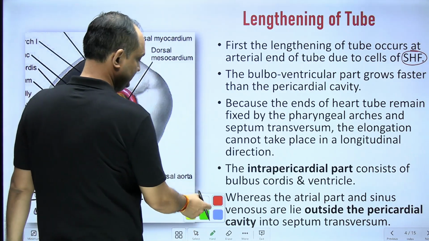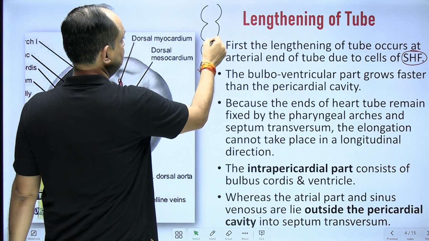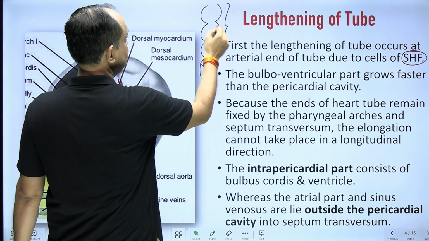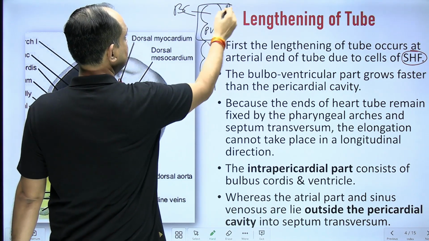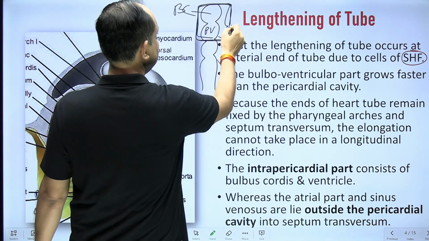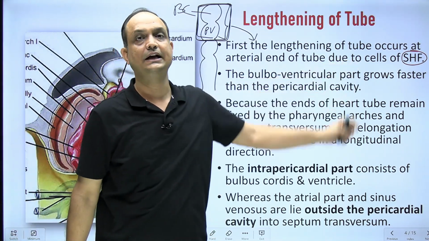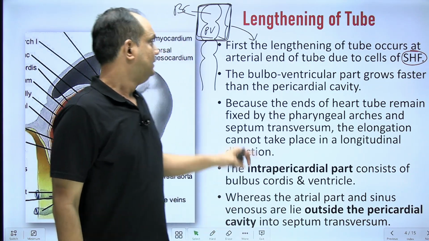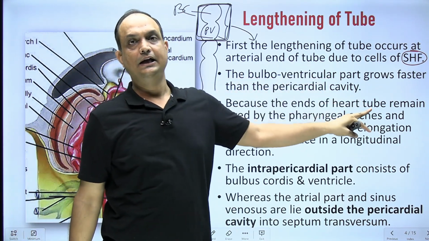Now you know that the tube has four dilatations, 1, 2, 3, 4. These two dilatations are known as the bulbus cordis and primitive ventricle. First the lengthening occurs in this area, and why? Because of the cells arising from the secondary heart field. The bulboventricular part grows faster than the pericardial cavity.